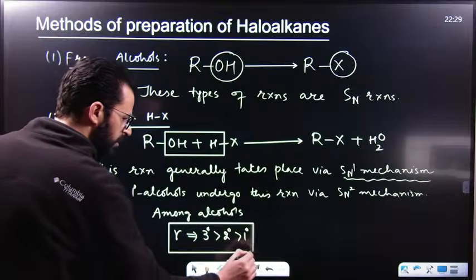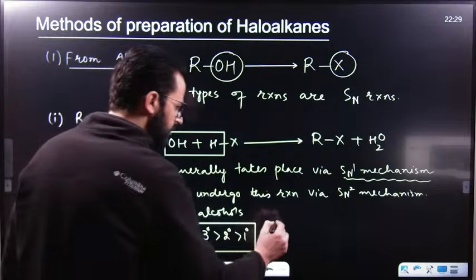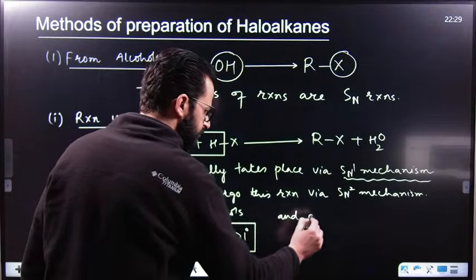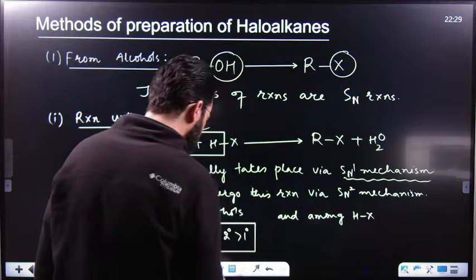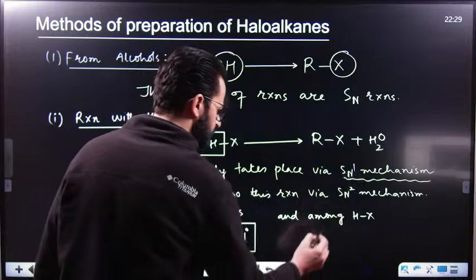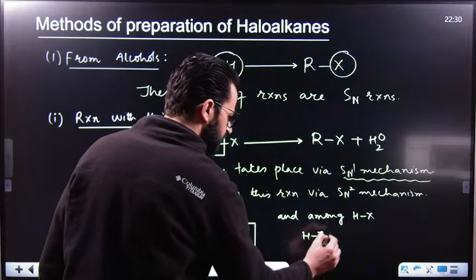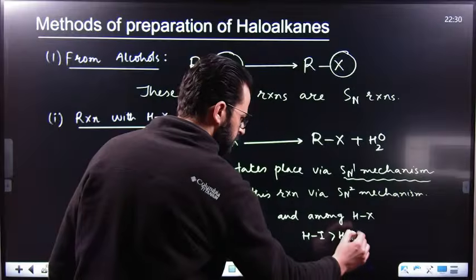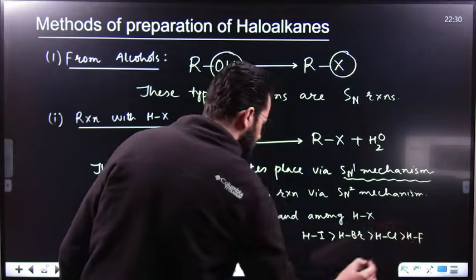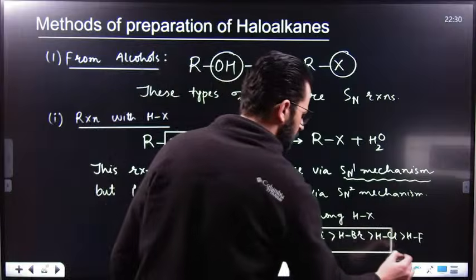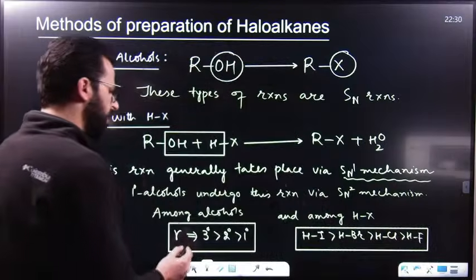And among halogen acids or hydrogen halides, the rate will be HI greater than HBr greater than HCl greater than HF. So you have to remember that the rate of reaction among halogen acids will be like this, and among alcohols will be like this.